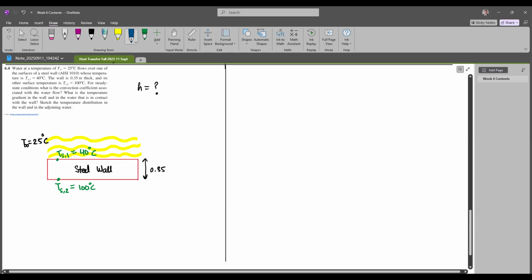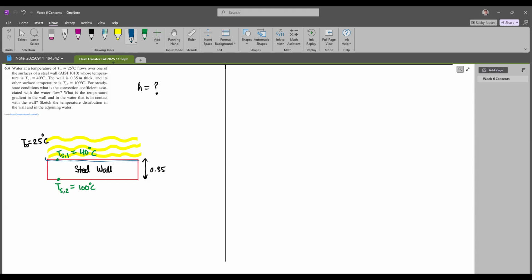If you take this little surface here and do the energy balance from here, there is energy inlet from here because the bottom surface is being maintained at 100 degrees, and there is E out.